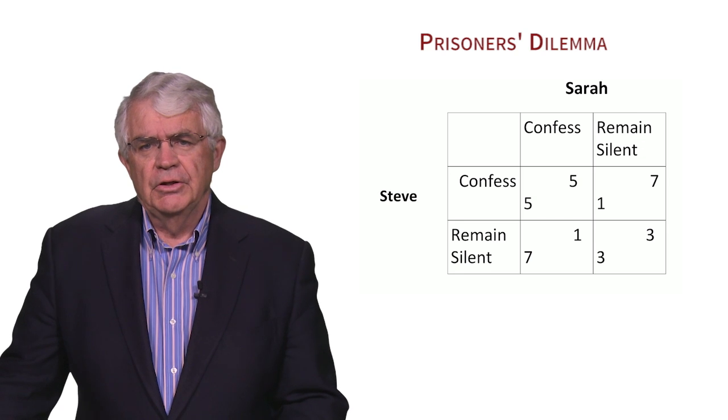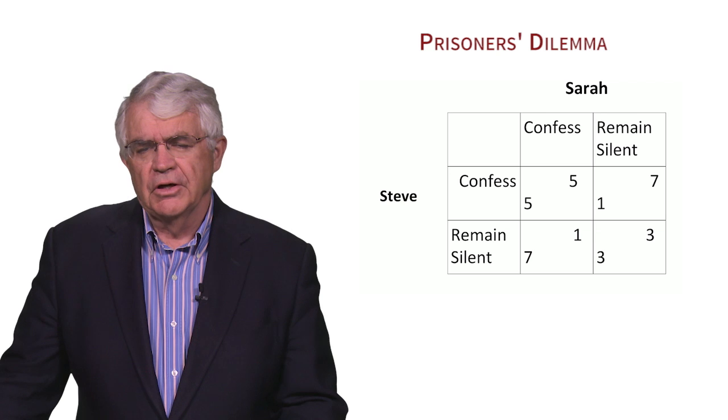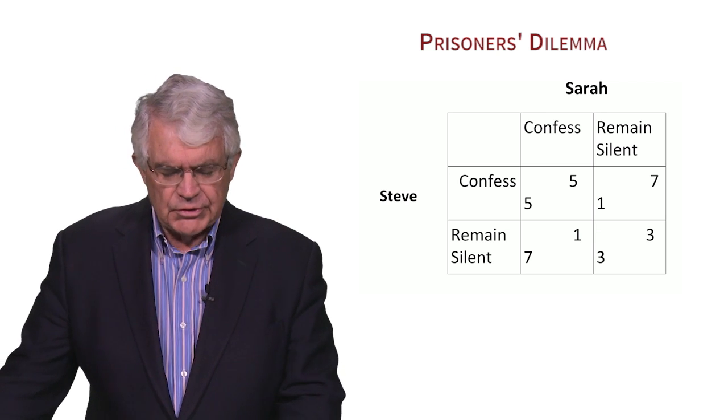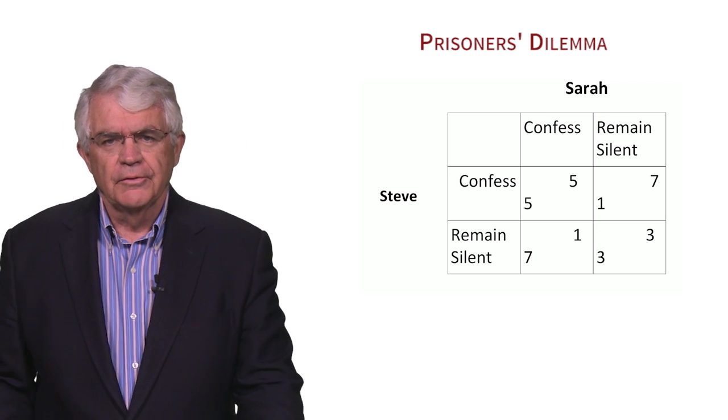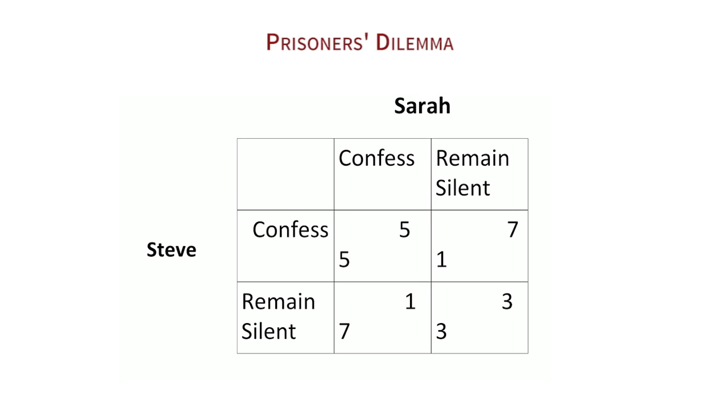So in the very upper right-hand side of each of the boxes, you can see the number of years in jail for Sarah. So for example, in the upper right here of that box is what happens to Sarah if she confesses and if Steve confesses. Over here is what happens to Steve.